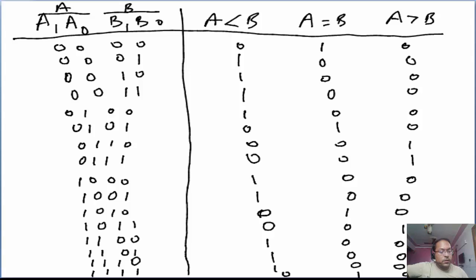Fine. So you can see here this is the complete truth table for our circuit, the design which we are going to make, the 2-bit comparator.